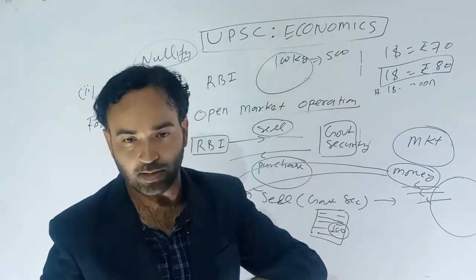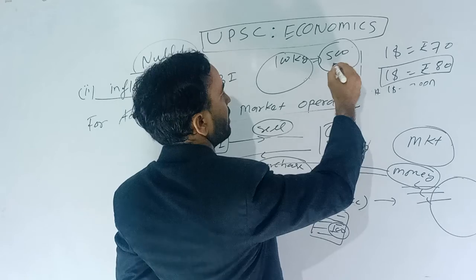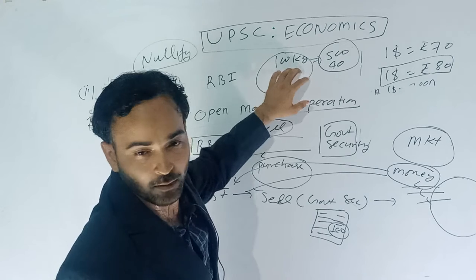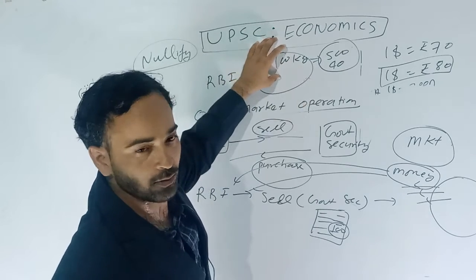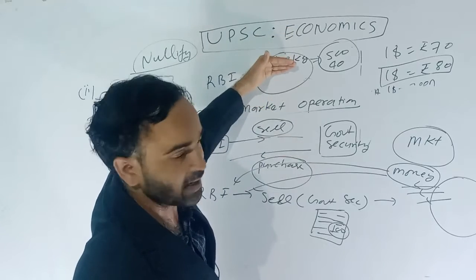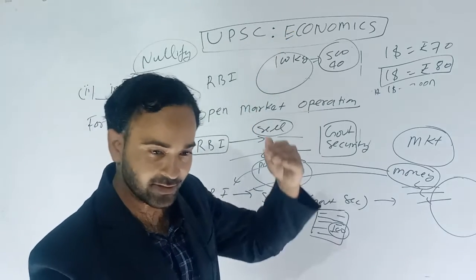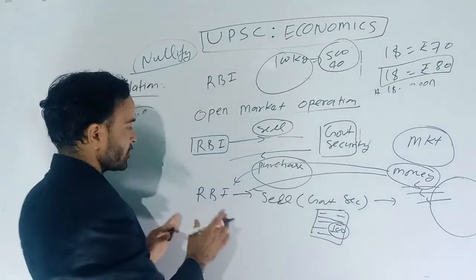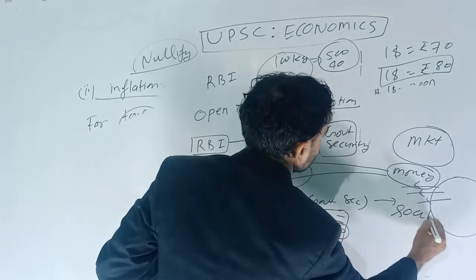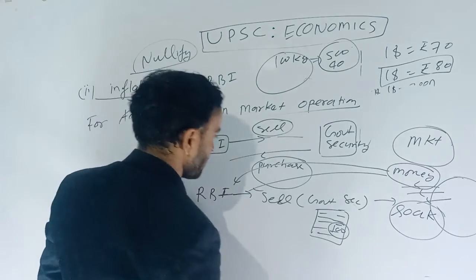If everyone has only 40 rupees, no one will buy tomato. Then the shopkeeper will definitely reduce the price of tomato, so inflation can come down. So the benefit of selling government securities is that RBI soaks up money. Soak means RBI is absorbing money from the market. Got my point?